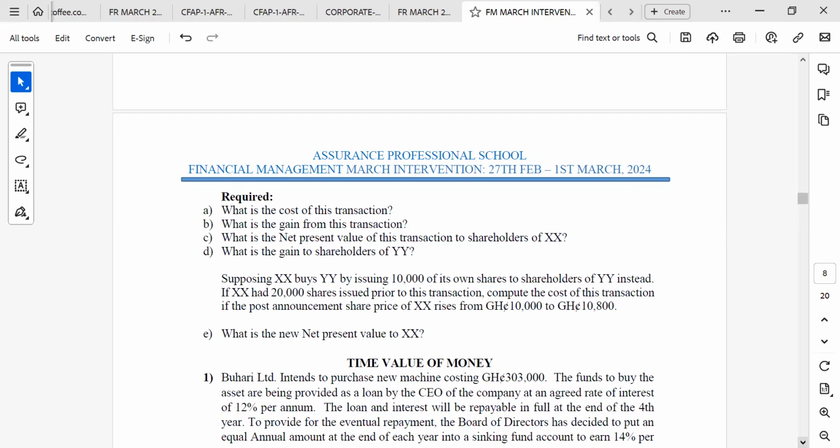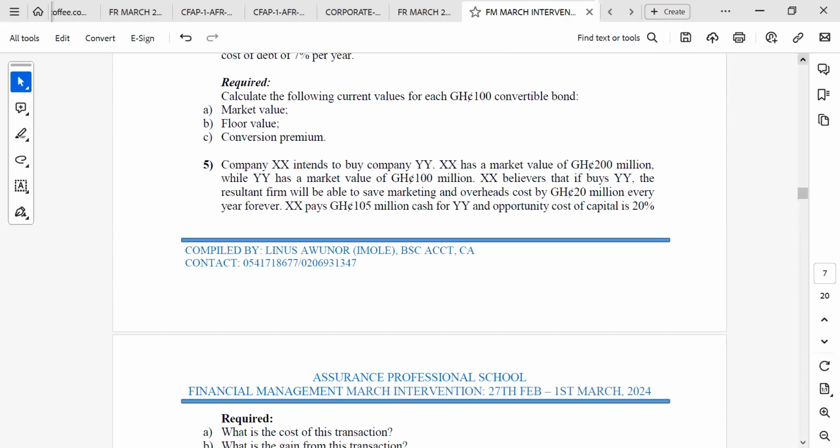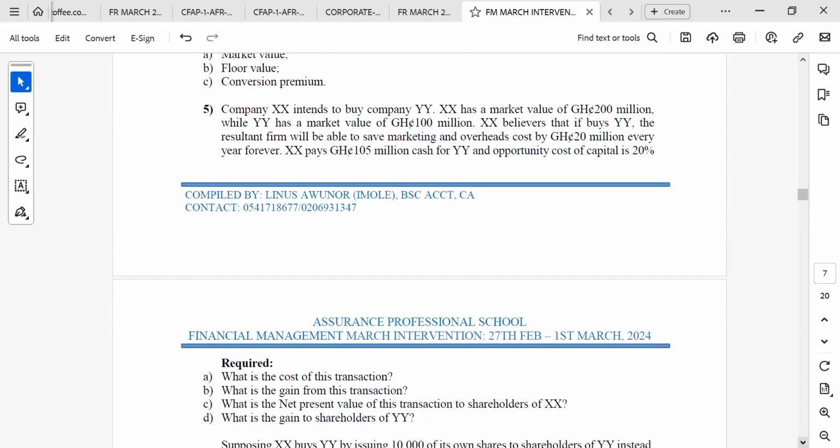Okay. So this particular question is about mergers. Simple. You are seeing that they say company XX intends to buy company YY. XX has a market value of 200 million, while YY has a market value of 100 million.